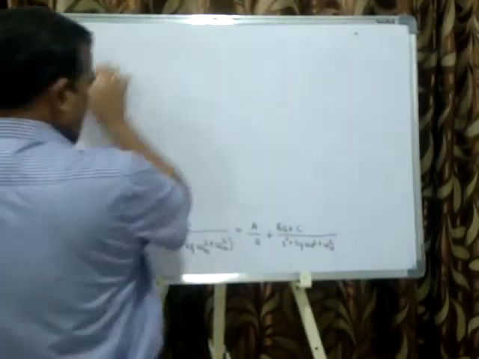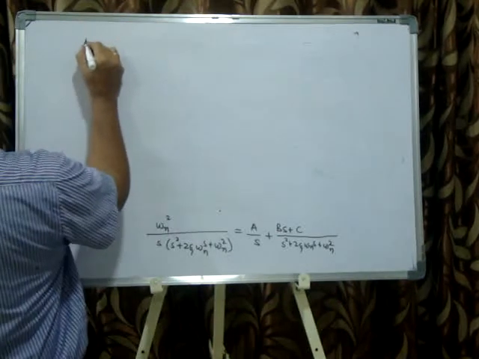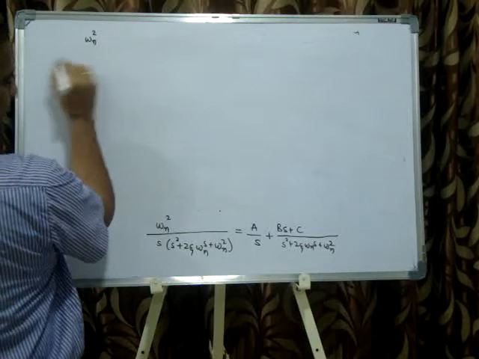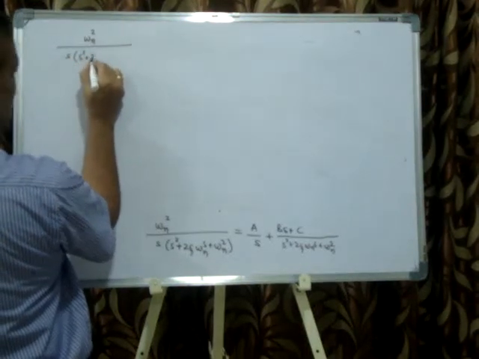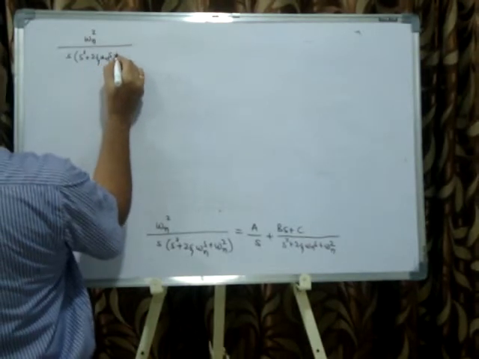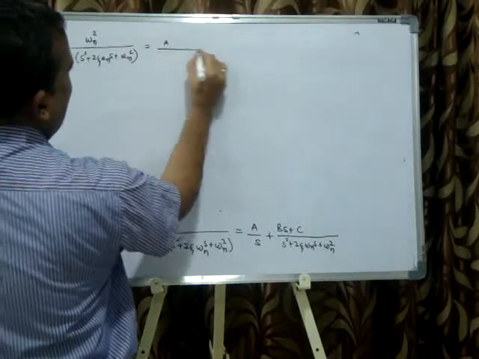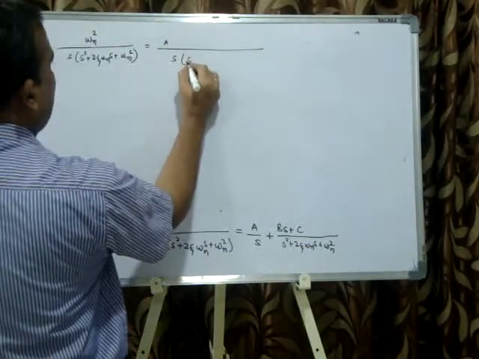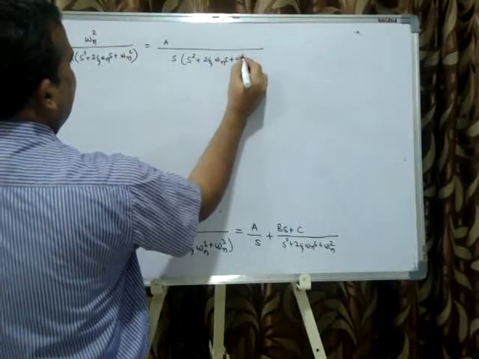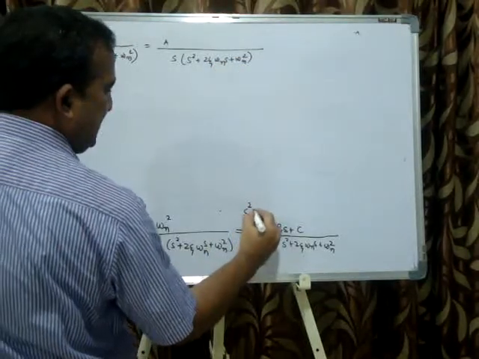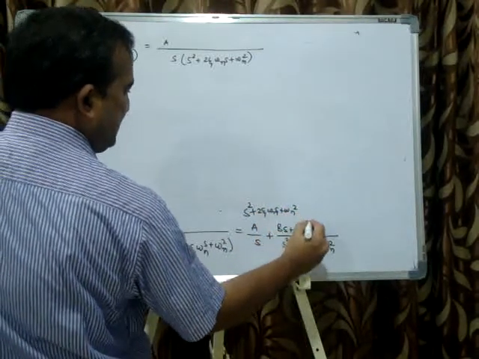Now you take the LCM. Here this side is omega n square divided by s into bracket s square plus 2 zeta omega n s plus omega n square, and this side is LCM, s square plus 2 zeta omega n s plus omega n square, and above this is s.